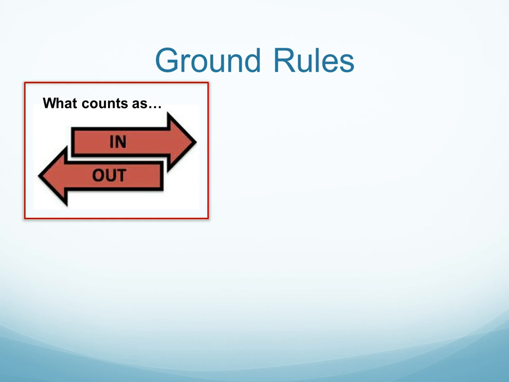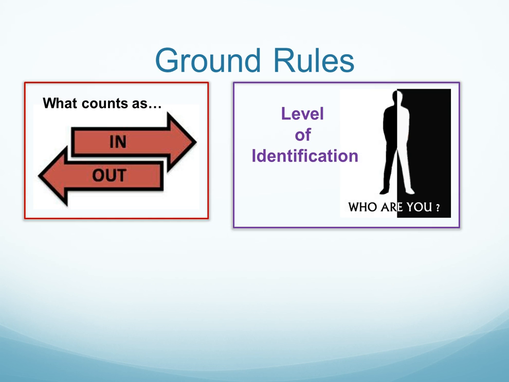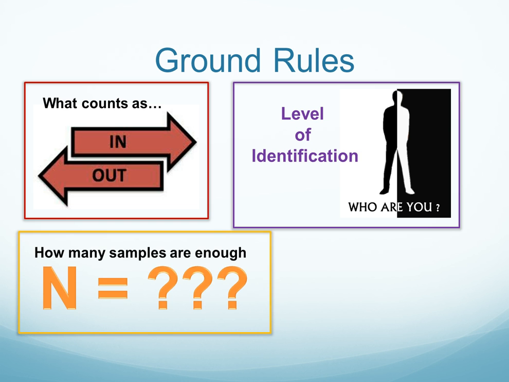First, we have to determine what counts as being either in or out of the plot. So what is our basis for including plants in our quadrats or plots? We also have to lay some ground rules or make decisions about the level of identification of plants as we do frequency measurements.